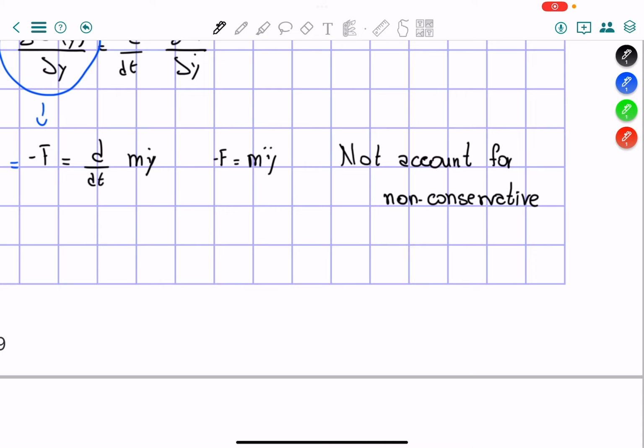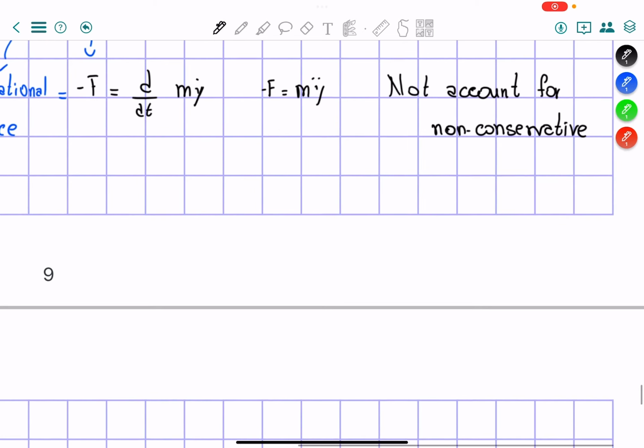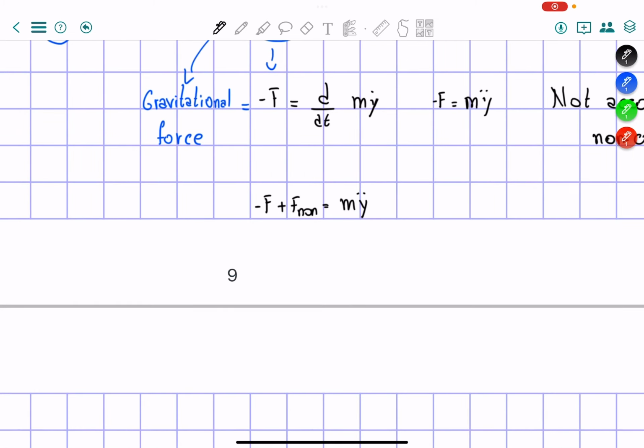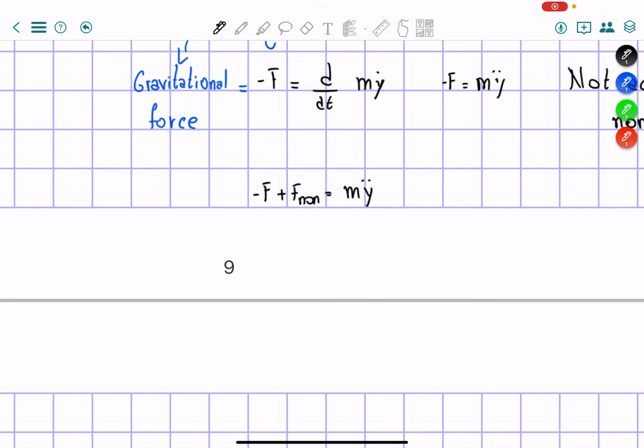If we want to account for non-conservative forces as well, we have to write negative F plus the non-conservative forces, which the book calls friction, is equal to m y double dot. As you can see, they're in different directions, because the gravitational force pushes down, while our friction force is in the opposite direction, pushing up. So they have to have opposite signs.